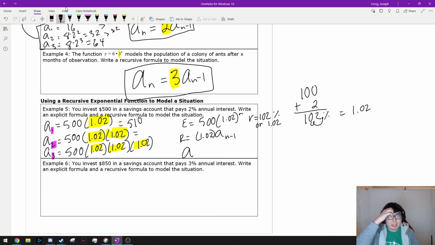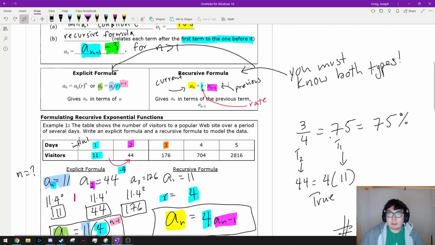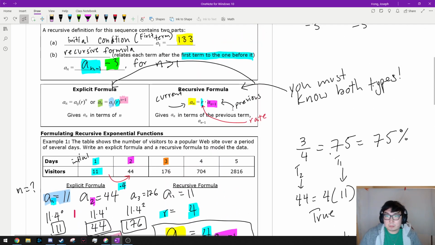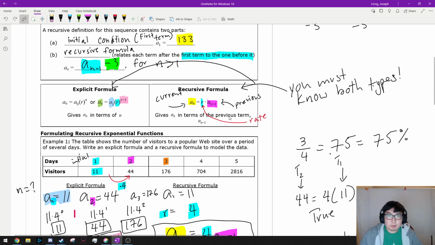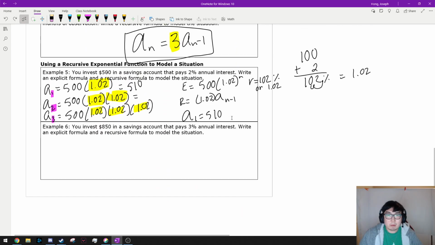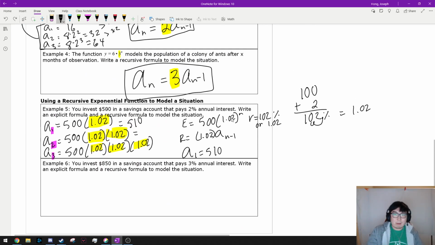We can also write that A1 is equal to $510. So you see how in the explicit formula, we didn't use term 1. We used term 0, because $500 is our initial amount, right? Initial is term 0.